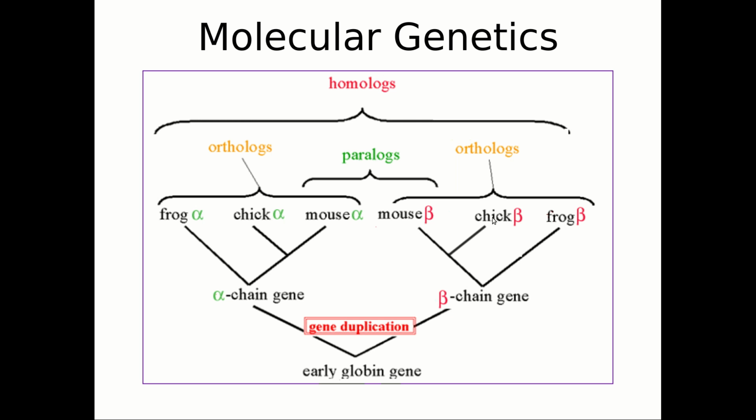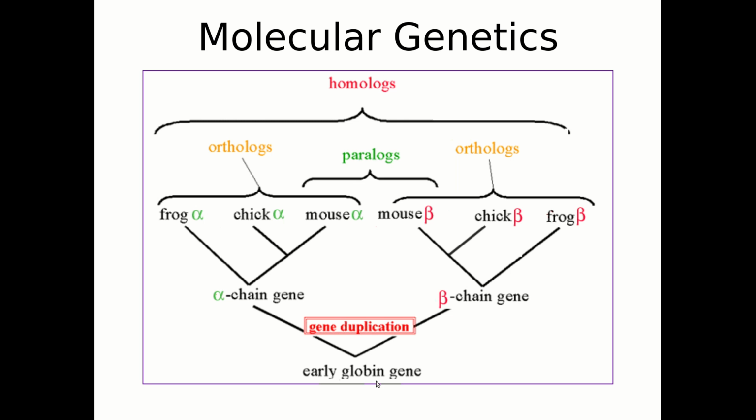And then there would be requirements for you to be a beta, and those sequences in each chick, frog, and mouse sequence would be required to be there for it to be a beta. The other things could change, but whatever things are in all 3 of these are probably required. All things that are in all of these are also probably required. And then there will be a subset that's required for all 6, and that's what's required to be a globin gene. Not an alpha globin or a beta globin, but just a globin gene.